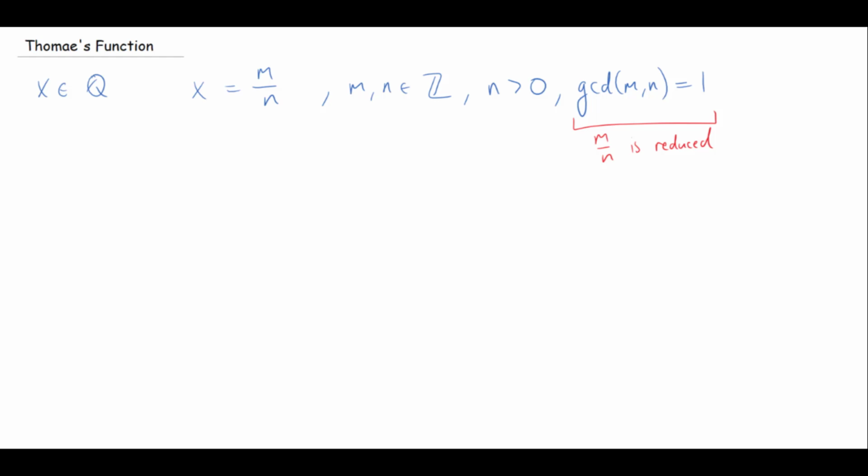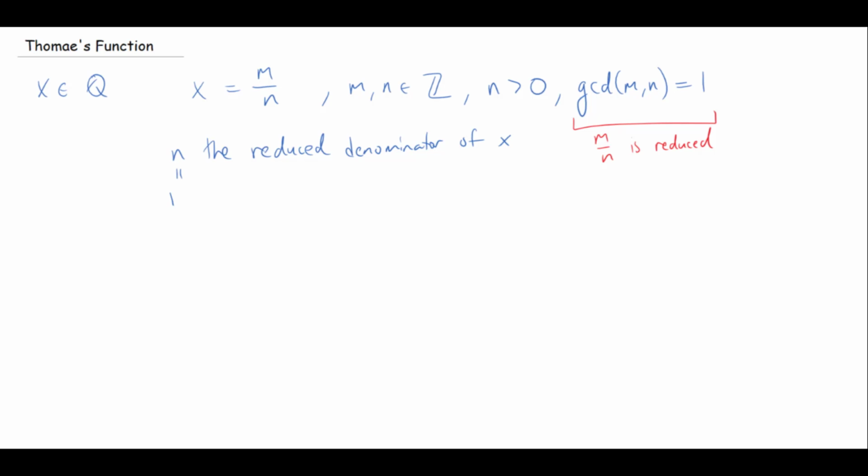So that's pretty cool. This n then completely depends on the x that I choose. And so I'm going to call n the reduced denominator of x. Because it would be convenient when somebody just gives you an x and you want to say what is the reduced denominator of x, I'll even come up with some notation.